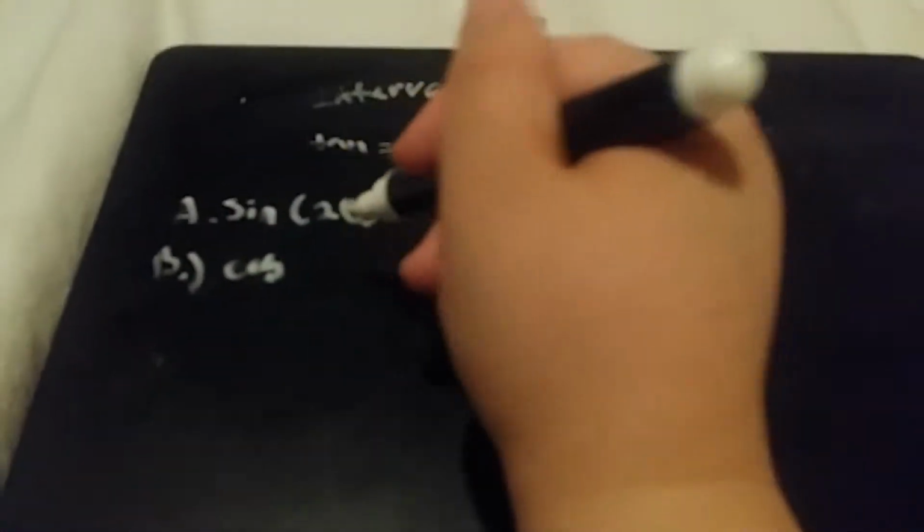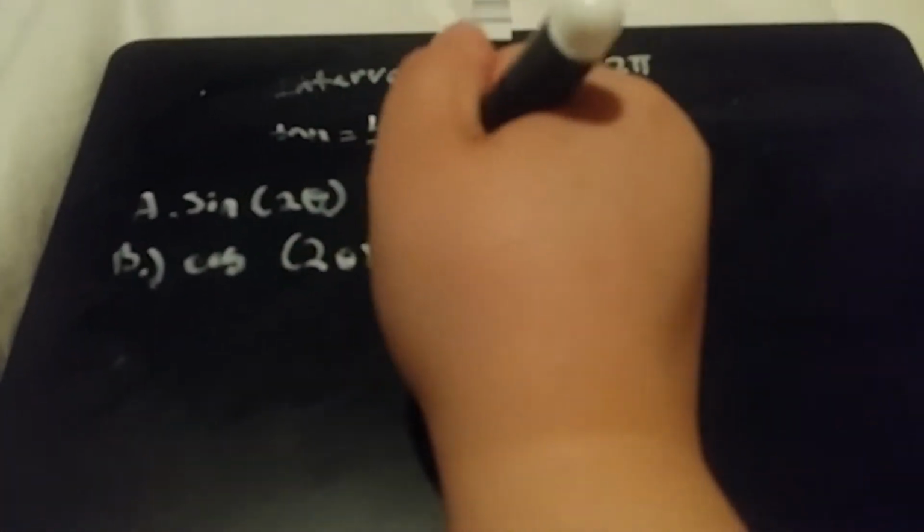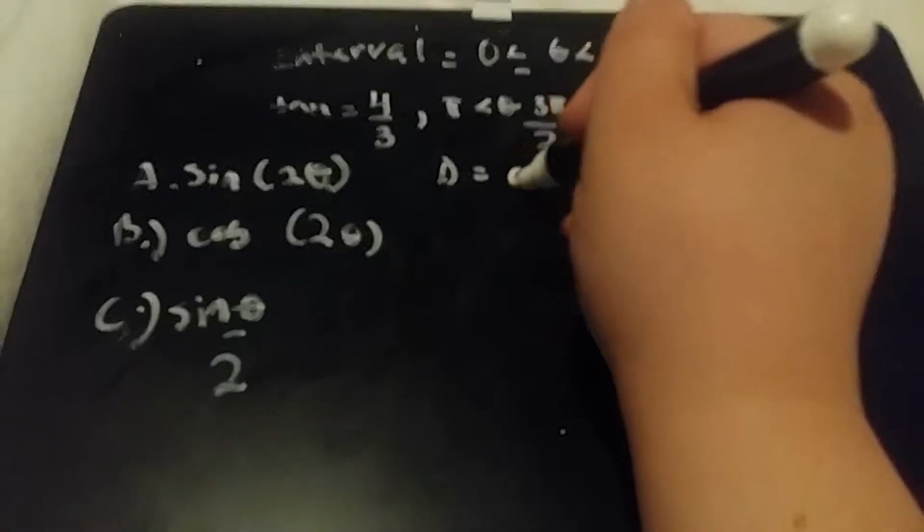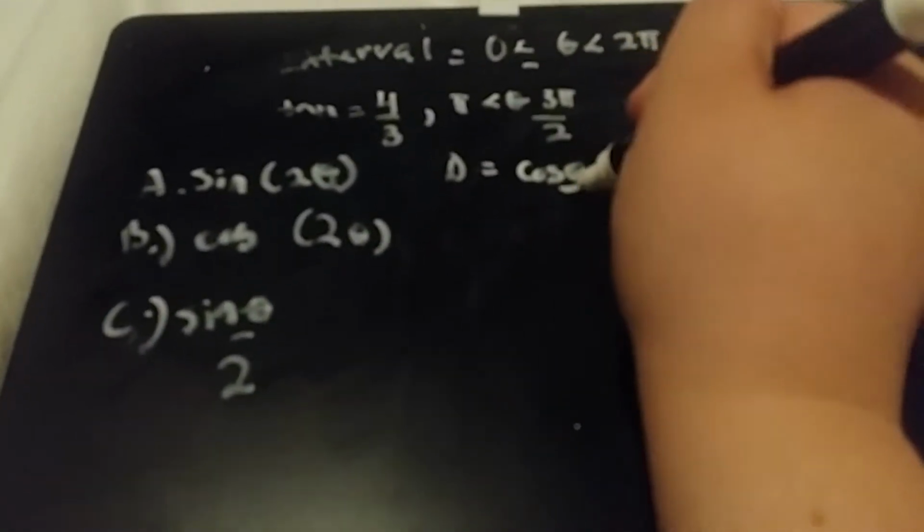We have to find the exact values of a, sine 2 theta, b, cosine 2 theta, c, sine theta over 2, and d, which is cosine theta over 2.